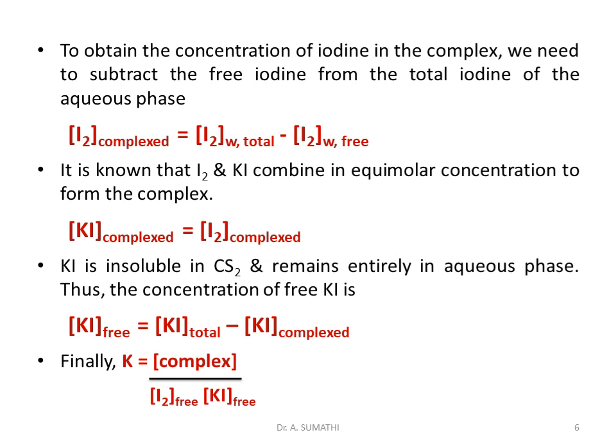Clear? Now, during complex formation, iodine and potassium iodide combine in an equimolar ratio. So if I know the concentration of complexed iodine, that is equivalent to the concentration of complexed potassium iodide. So KI complex is equal to I2 complex. That is the final thing.